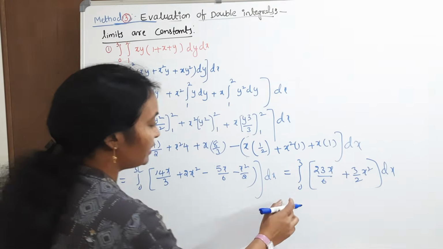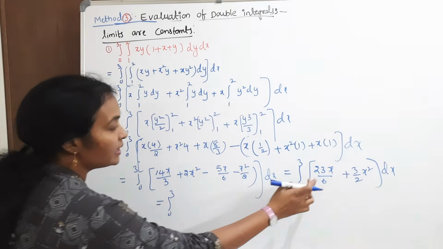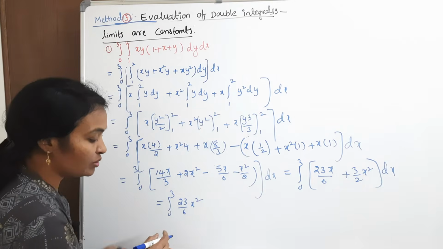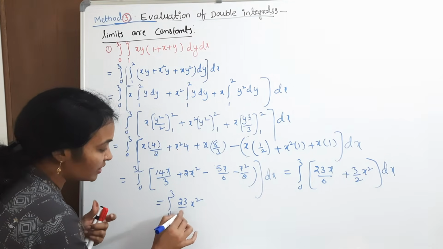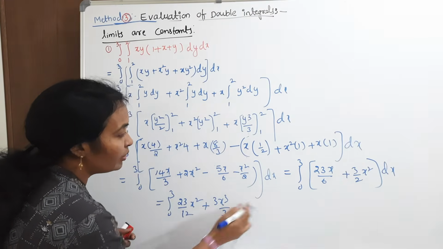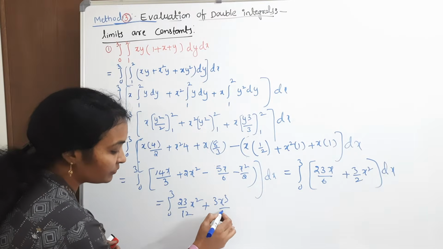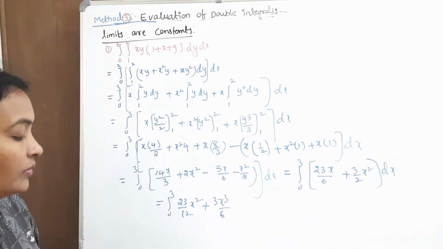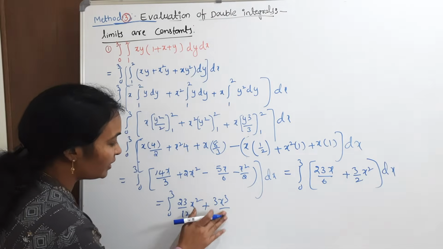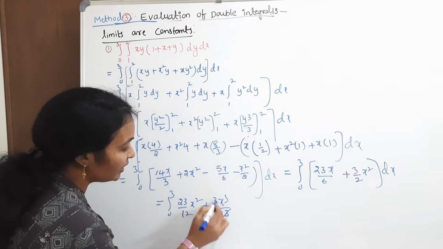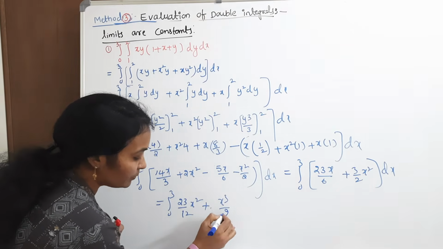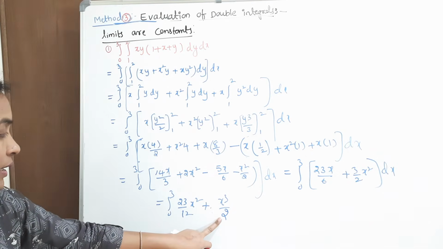Now you will get our integration, 0 to 3. What does it become? Integrating with respect to x, 23/6 times x²/2, that is 2 times 6, shall I write 12? Next 3x³/3, already there is a 2, so can I write 6? Sorry, not that, this already has a 2, x³/3, this 3 cancels, so I can write x³/2.